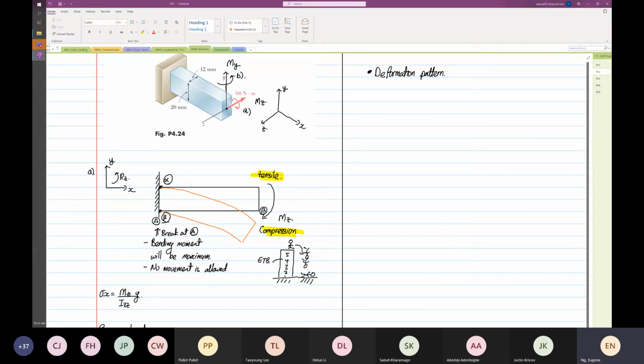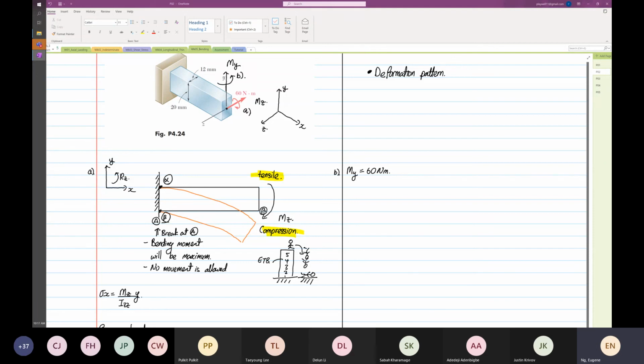When we look at part B, the moment is on the y-axis and is going to go at 60 Newton meter. We are still finding stress in the x direction, by the way.